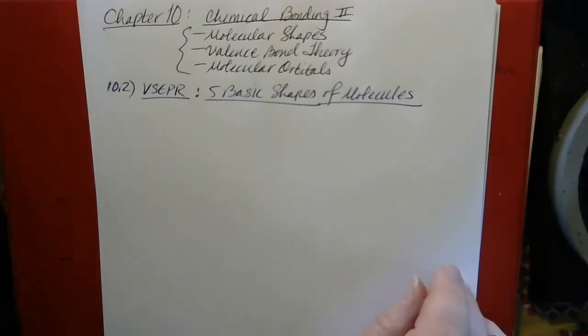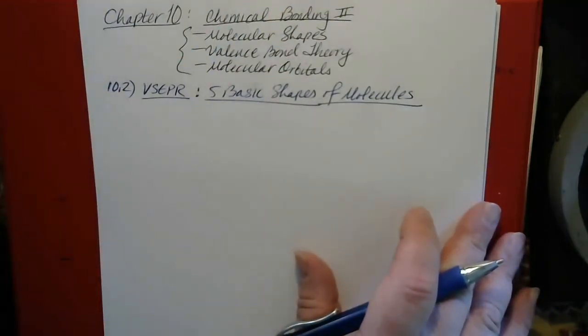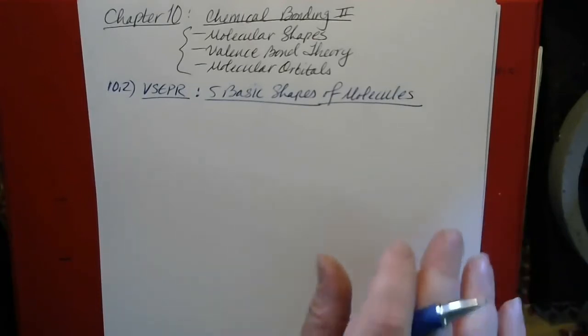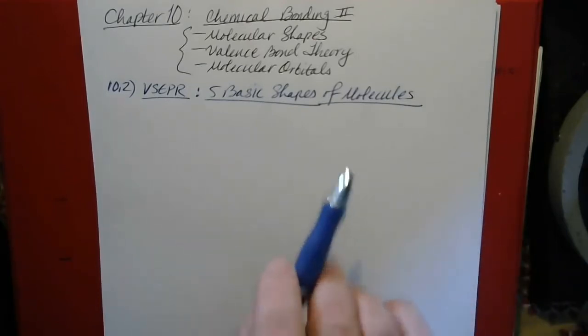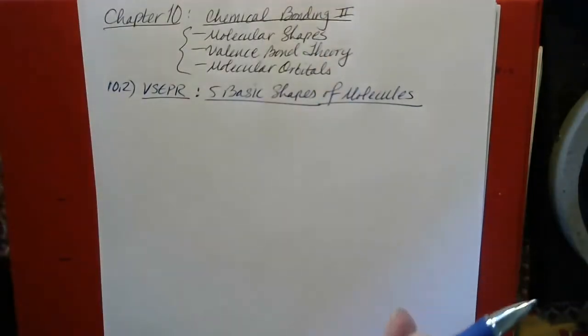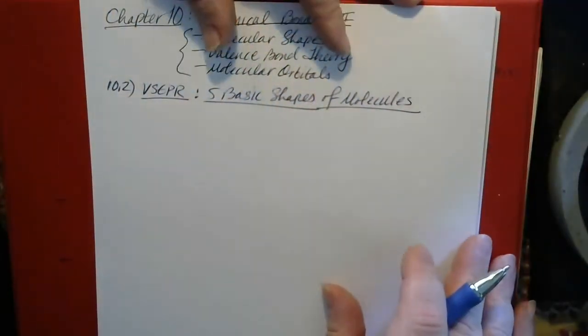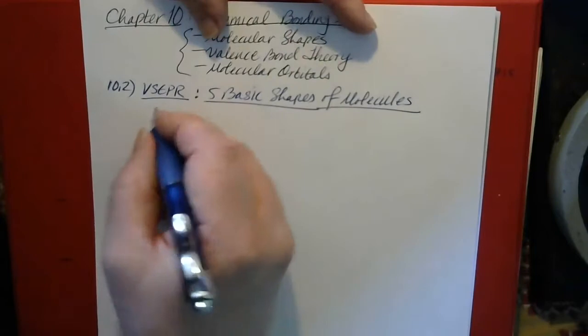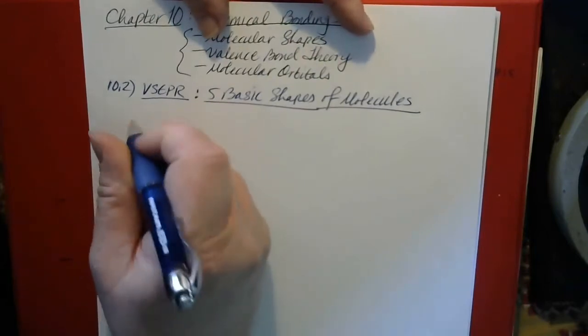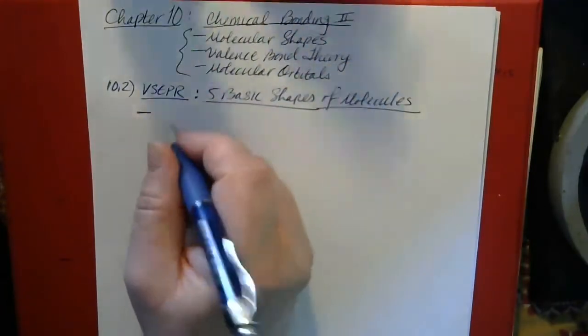For things like proteins, scientists generally now use computers to determine the shapes of big complicated molecules like that. But the software that they use on those computers is programmed using the same kind of basic stuff that we're learning here, with a lot of other higher level information that comes later. So starting with VSEPR, VSEPR is one of the ways to determine the shape of a molecule.